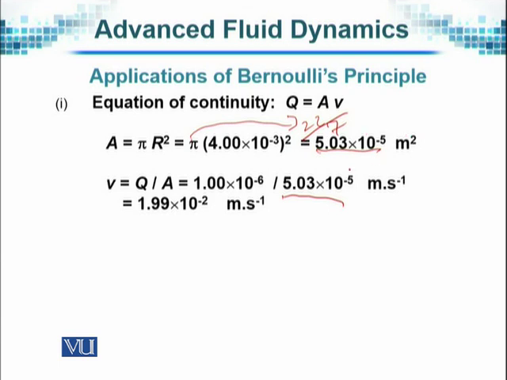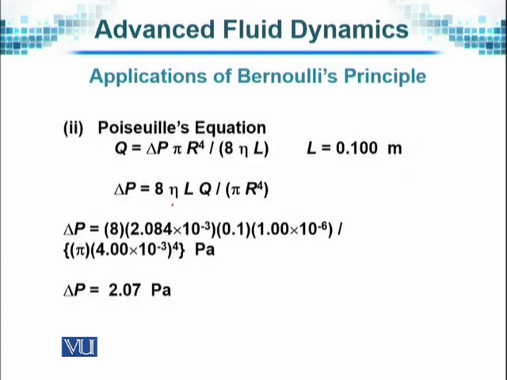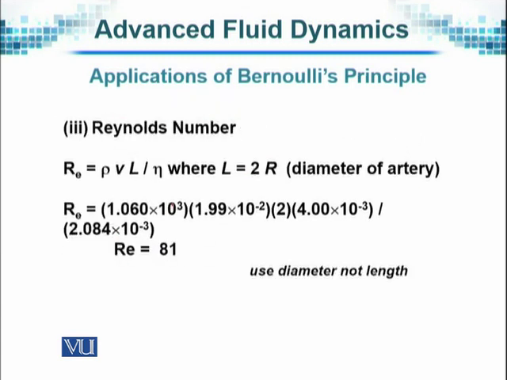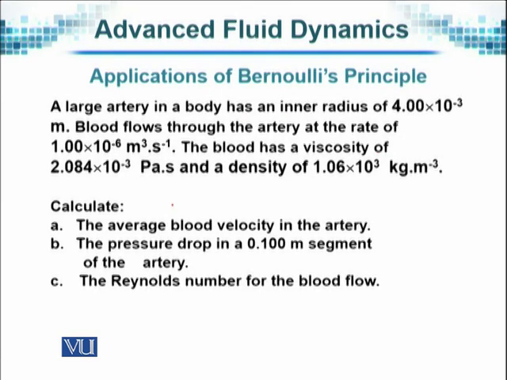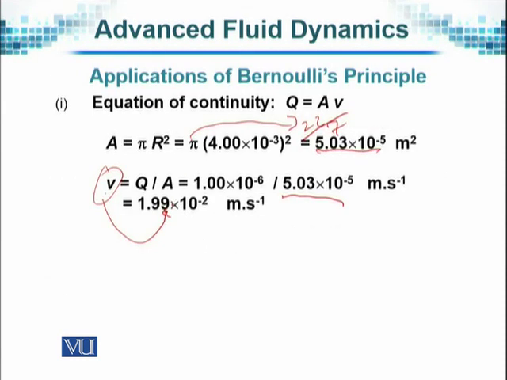Therefore V turns out to be 1.99 × 10^-2 meters per second. So that is the first part, where they want us to calculate the average blood velocity, and here we have calculated the velocity.